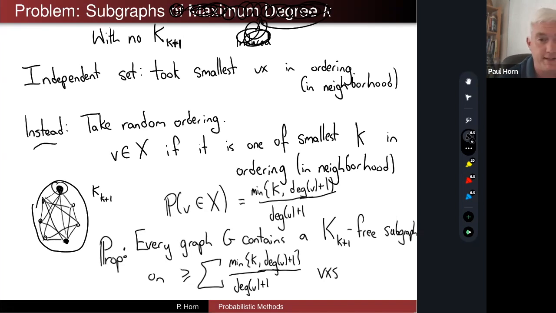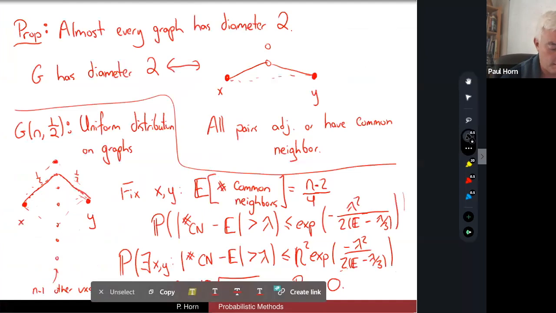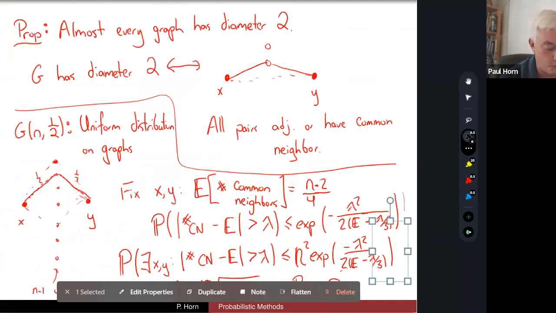But the same ideas that went into especially this proof, that the diameter is 2, where I look at neighborhoods. Now I can think of, instead of taking this to be 1/2, I take this to be some p. Now, instead of this being m minus 2, I get something like p squared times m. So I can look at the same problem with different levels of sparsity.